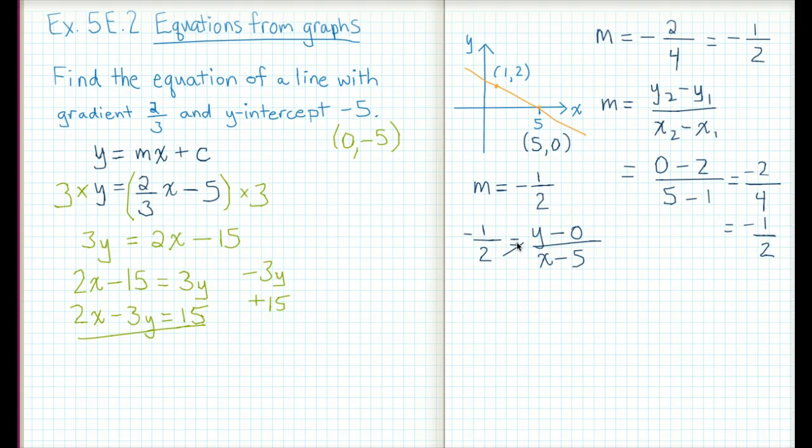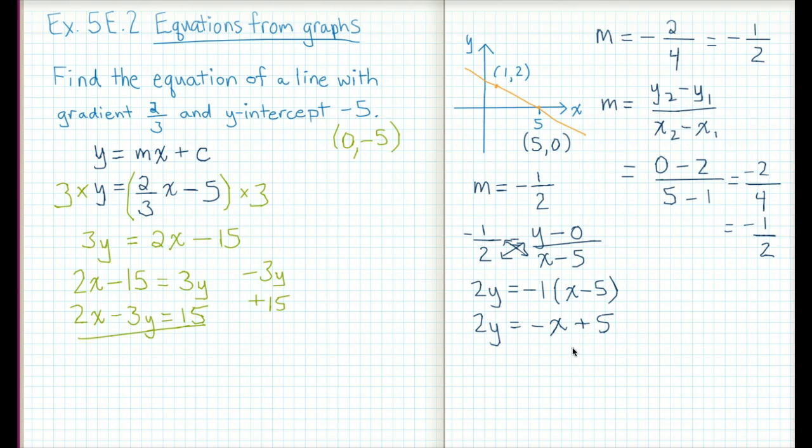So when I do the cross multiplying, I multiply these across to get rid of the fractions. Then I get 2y on one side, and on the other side, let's take negative with the numerator as usual. Negative 1 times x minus 5. And I get 2y equals negative x plus 5.